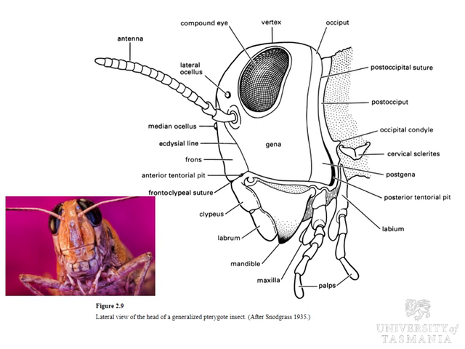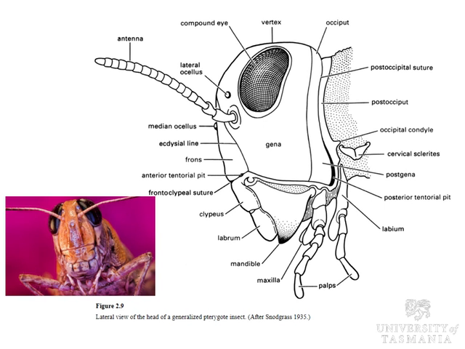So a lot of chemical sensors on there for tasting the food. And then the last part, which is associated with the sixth fused segment, is the labium, or the lower part of the mouth. So we can get those regions and the other fusions to get the head.